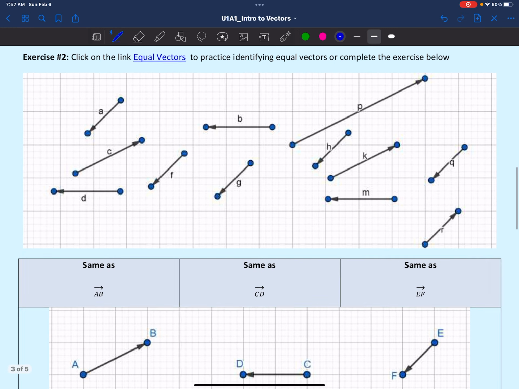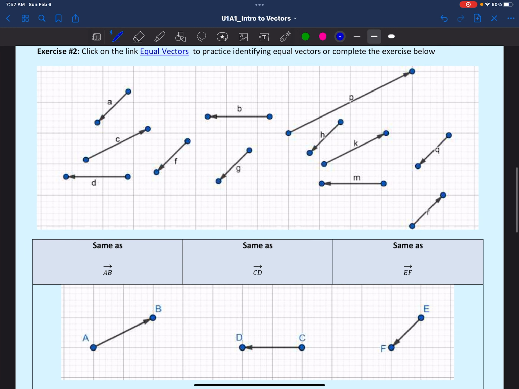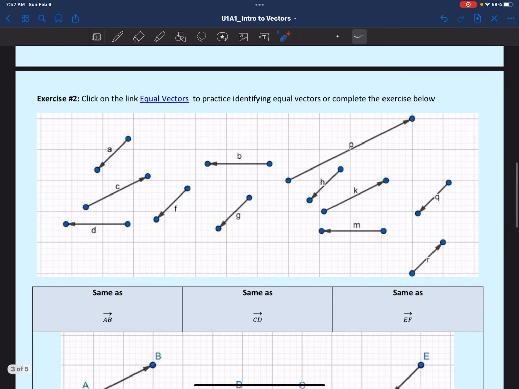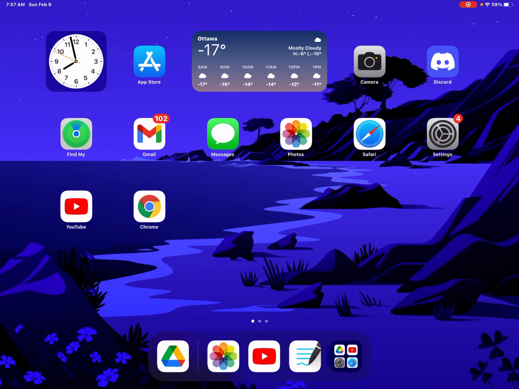So now we're going to take a look at this next exercise and we will describe which vectors are equal to vector AB or vector CD or vector EF. And for this, we're going to take a look again at the GeoGebra activity first.